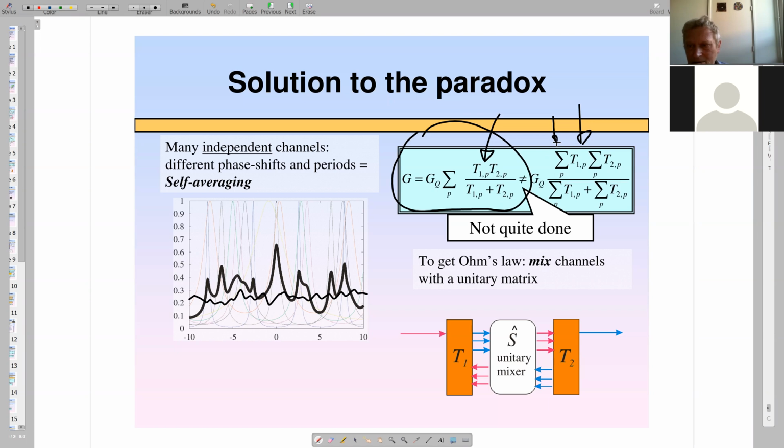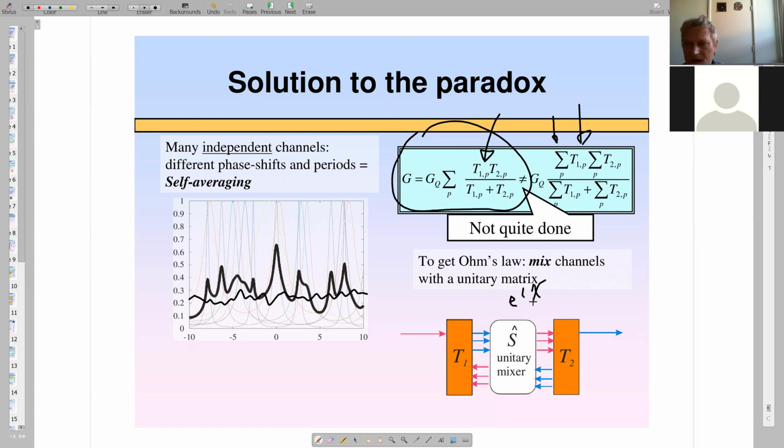For one channel, the space between electrons can be represented by a single phase factor. For many channels, from this single phase factor, we get a sequence of phase factors, and that can be seen as a unitary matrix.